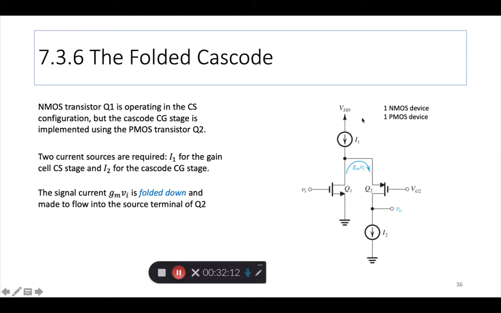So at a minimum, you'll need a transistor here, a transistor here. And if this is N, that has to be P. If this is P, that has to be N. So while this folding business is nice in some ways, it also comes with some disadvantages.